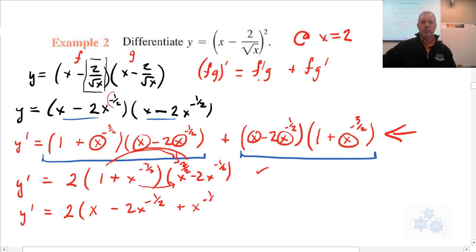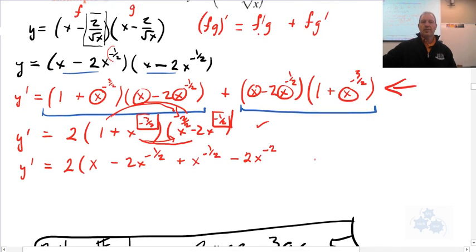Negative 1/2. And then the last terms here, this is going to be minus 2 times x to the power of what? Now we have to add these two exponents. Negative 3 over 2 and negative 1 over 2 is negative 4 over 2, or negative 2.